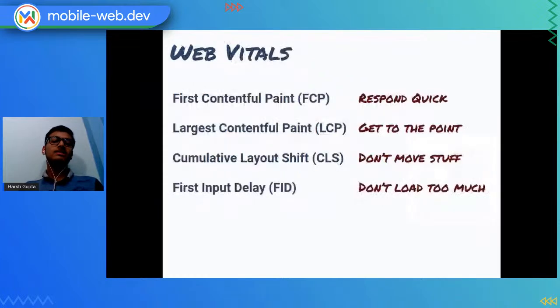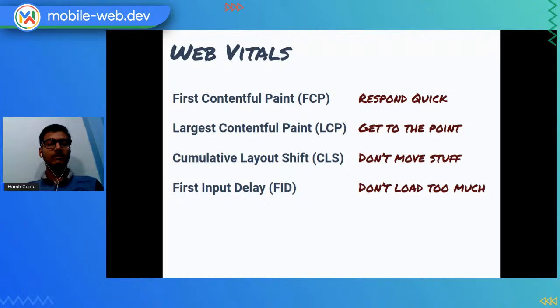So this is the sum up of the web vitals. First contentful paint refers to a quick response. LCP says get to the point; it means your website is almost ready. CLS says don't move stuff, because if you move your stuff, the user might get confused about whether it is fully loaded or not.